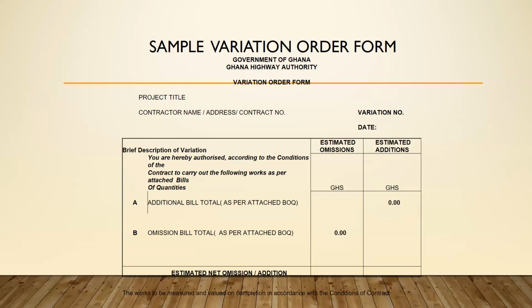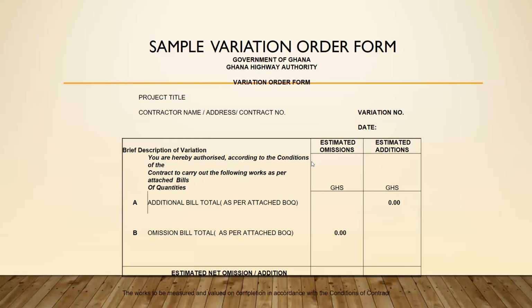The summary total is brought to the estimated addition column. And then when there is an omission, we bring it under the estimated omission column. Now, at the end of the day, we have the estimated net omission or addition.